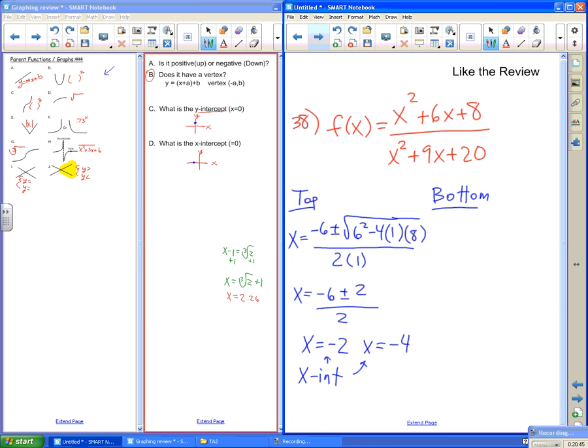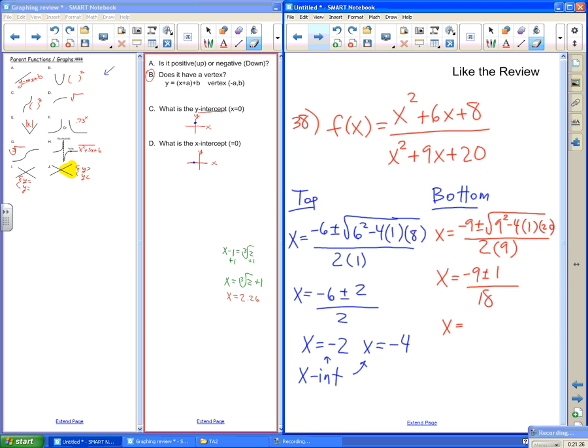So now I've got to figure out my bottoms. So the bottom is going to be x equals negative 9 plus or minus square root of 9 squared minus 4ac. Square root of that gives me 1. Oh, that's not 2.